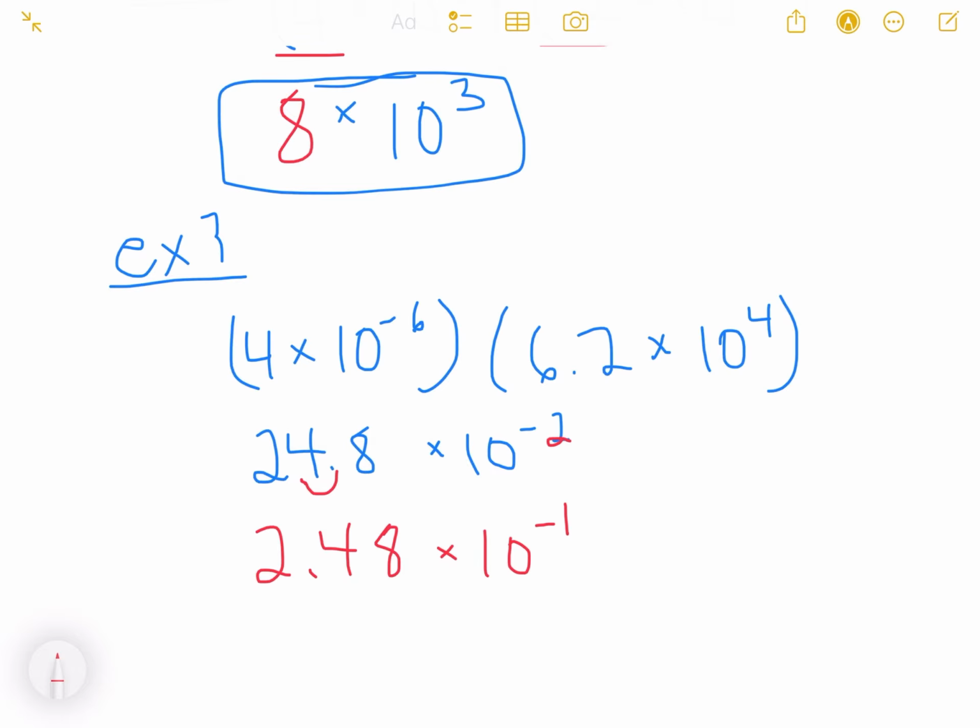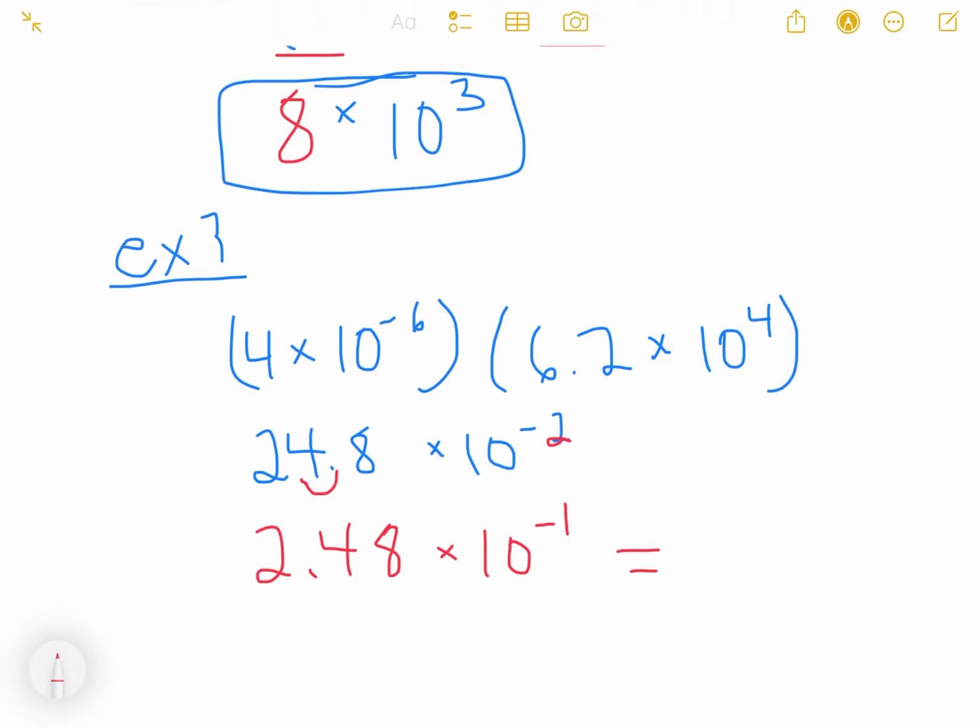And then if I really want to write this out in just regular notation, what happens? Well, if it's times 10 to the power of minus 1, what does that mean? It means my number is changing by 1 decimal place, and it's not positive, it's minus.